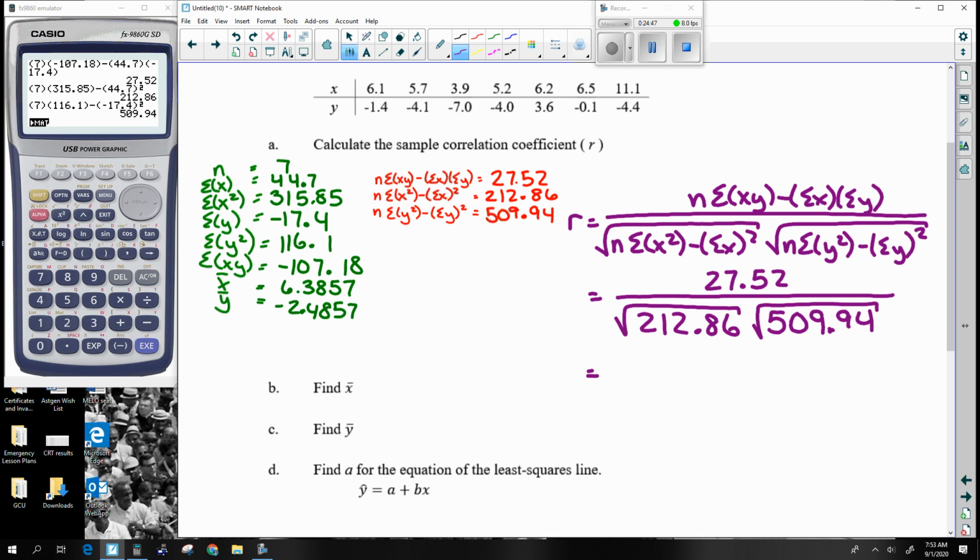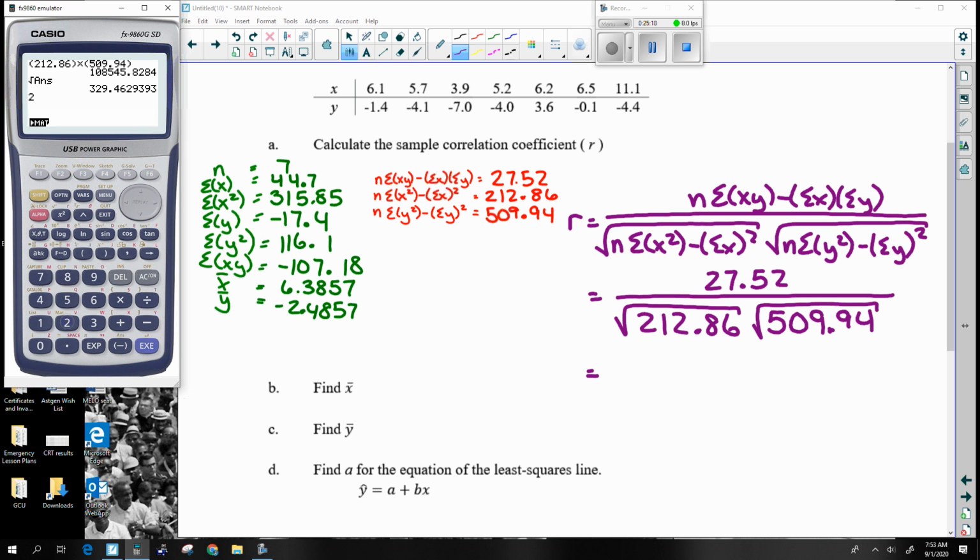I begin by multiplying just the numbers of the denominator, not the square roots. I don't worry about the square roots just yet. So that is going to be 212.86 times 509.94. I multiply the numbers of the denominator, and then I square root that answer. That is ultimately what the denominator is.